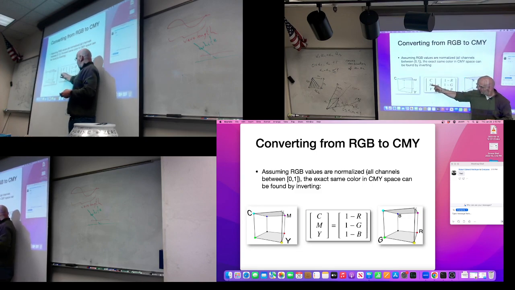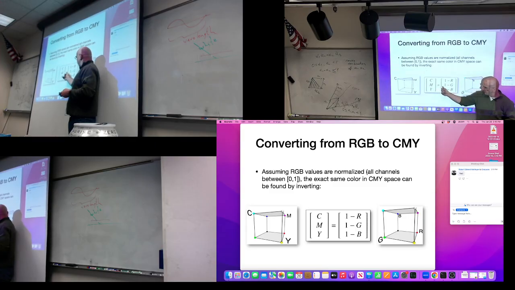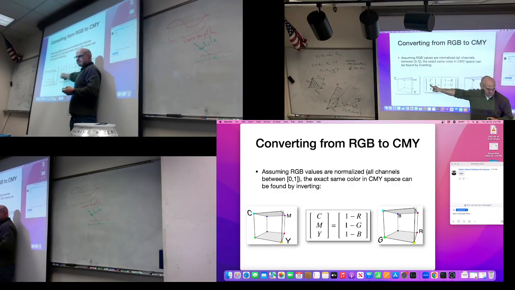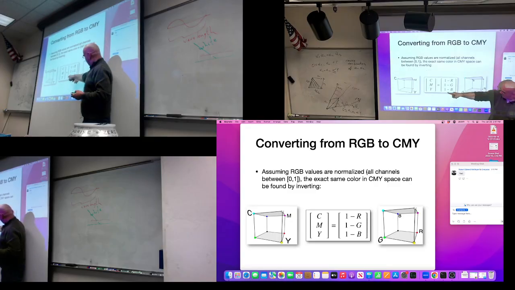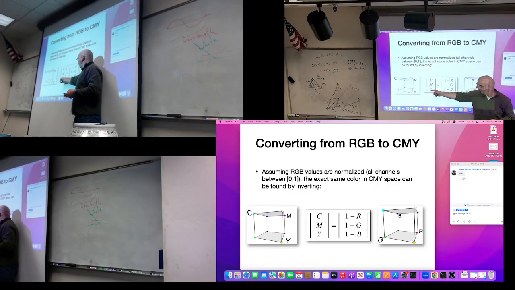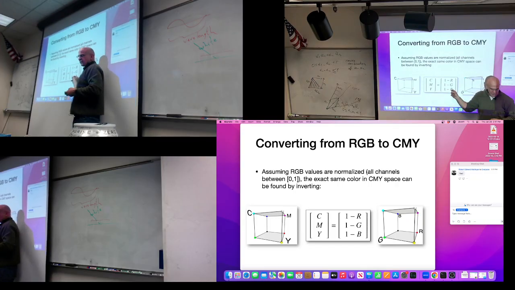How much magenta do I want? How do I get magenta? I'm removing green from white. What is left when I remove green? Blue and red. Blue plus red creates magenta. How do I create yellow? I take the RGB minus the blue.